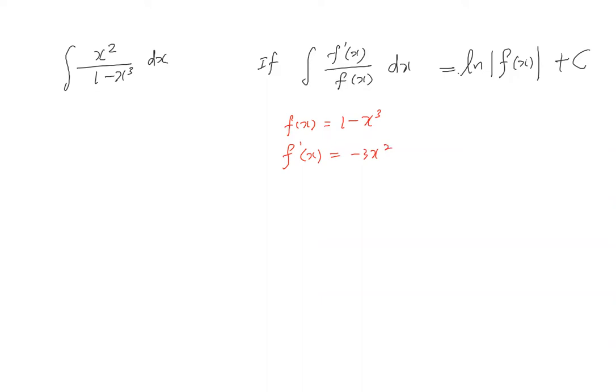So I ask myself, 1 times what will give me, or I should say negative 3 times what? That will be better. Actually, both also can, okay? Negative 3, because here I got negative 3. So I ask myself, negative 3 multiplied by what will give me 1? Definitely it is negative 1/3.